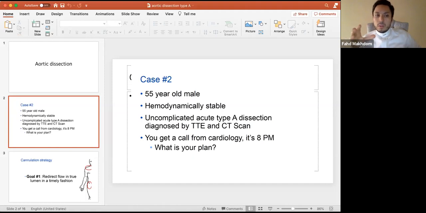And here's the point: if the patient is alive 3 days after the presentation, that means you can wait somehow safely, as long as you can, for the brain bleed.